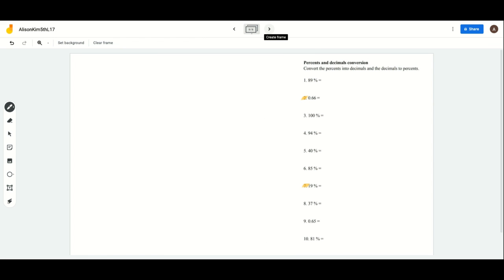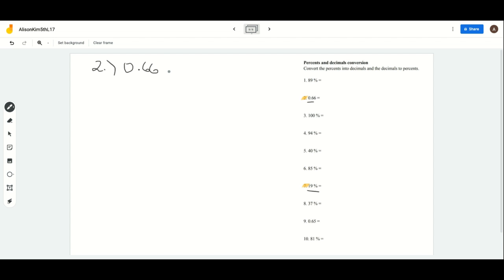Let's move on to percents and decimal conversions. For this one, I chose 2 because it wants us to convert percents into decimals and decimals into percents. So we're going to do number 2 and number 7. Number 2 gave us 0.66.